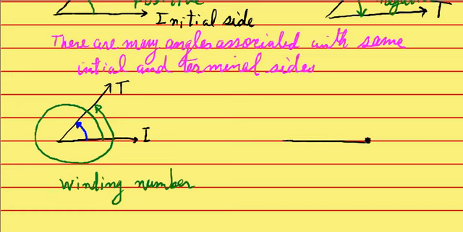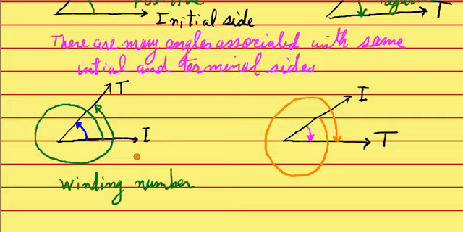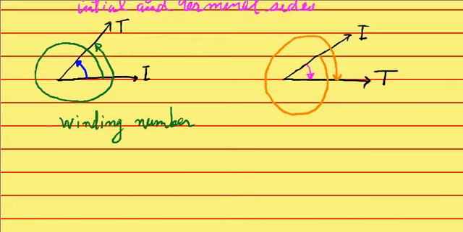And similarly, if you have initial and terminal sides in this fashion, you could just come once, or you could perhaps circle quite a few times. So this orange colored angle and this purple colored angle, they all share the same initial and terminal sides, and we have to be aware of it.